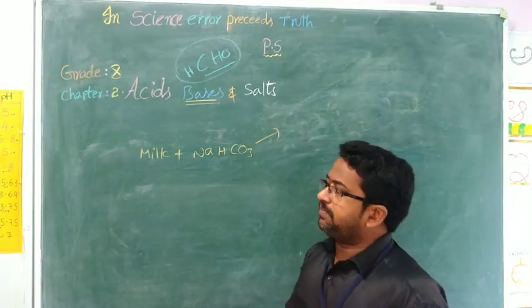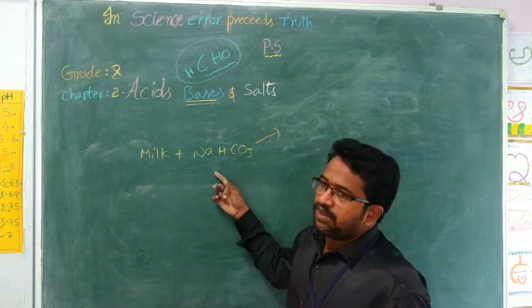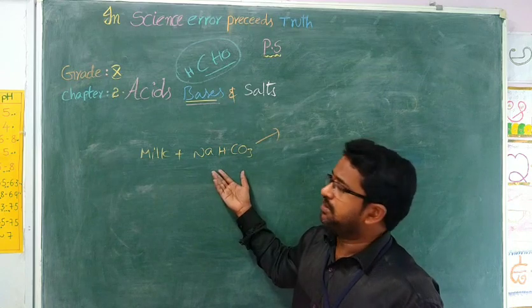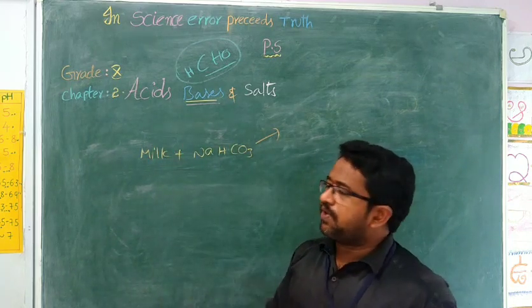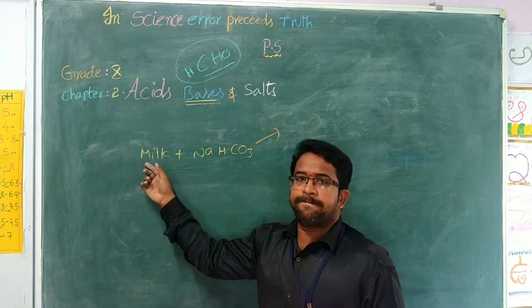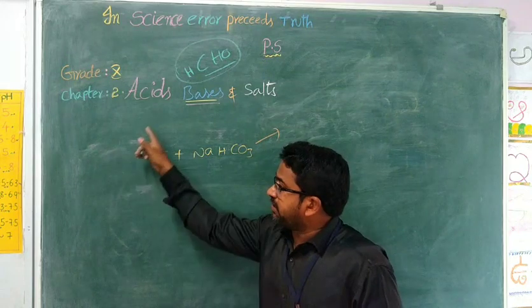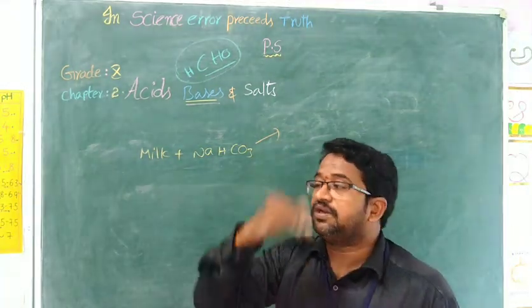Its pH value is about 8.2, which means mild basic in nature. So you are adding a base to the acid. What happens to the acidic nature? Certainly it reduces, so the acidic nature of the milk reduces and the pH value increases.